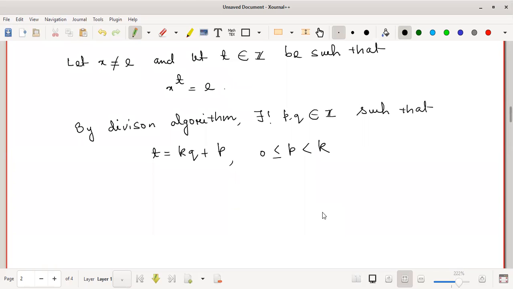Okay, fine. Let p not be equal to 0. If p equals 0, then we are done.